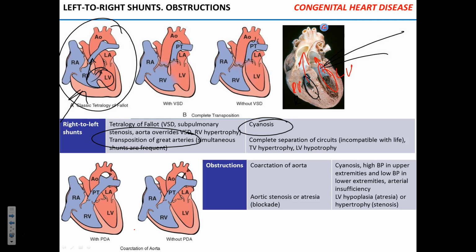So that is a condition that, of course, is incompatible with life outside of the womb. As far as I know, there are techniques that allow surgeons to do heart surgery on a baby while the baby is in the womb, which is crazy, in my opinion, just absolutely insane.